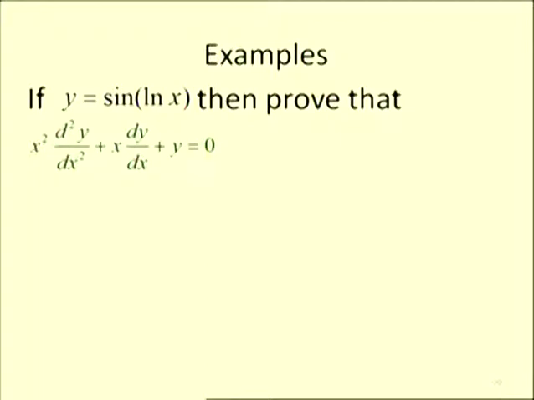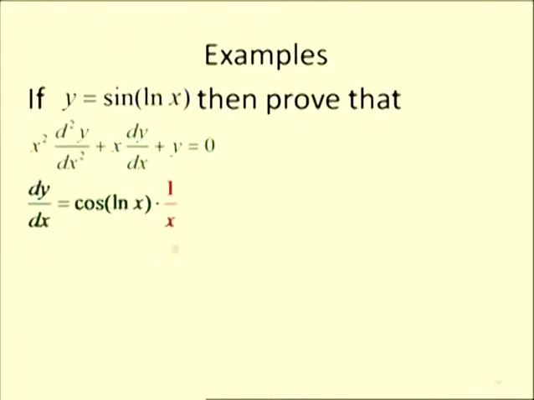Now in order to prove this, first we'll find the first order derivative, and as we know that sine log x is a composite function, so we must use chain rule in order to get dy by dx. So let us get dy by dx. Derivative of sine x is cos x. So derivative of sine log x is cos log x, and in place of x we have log x.